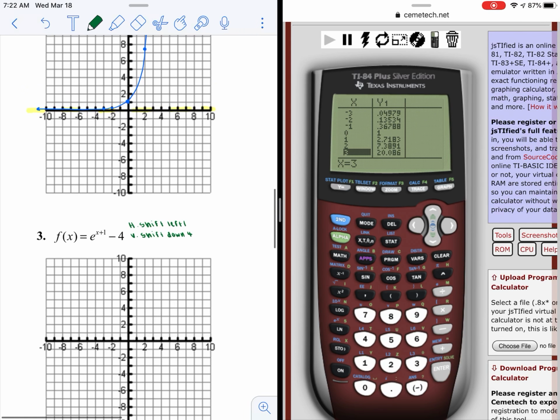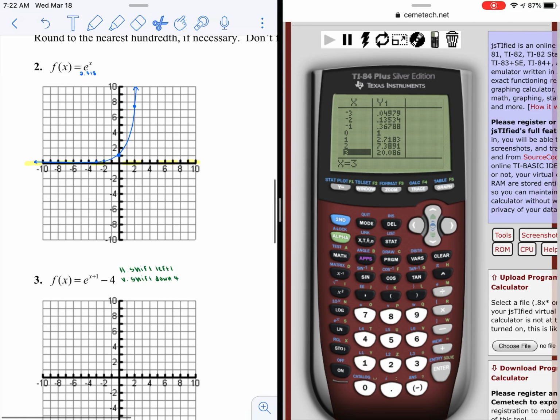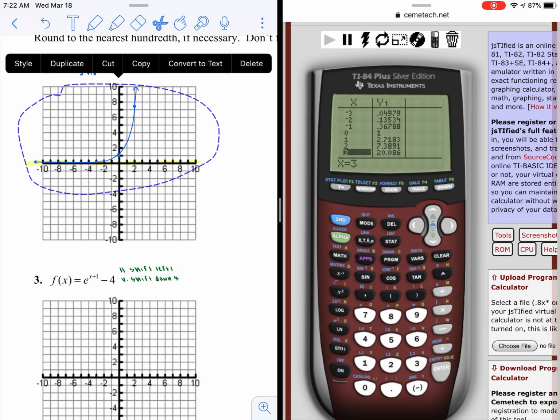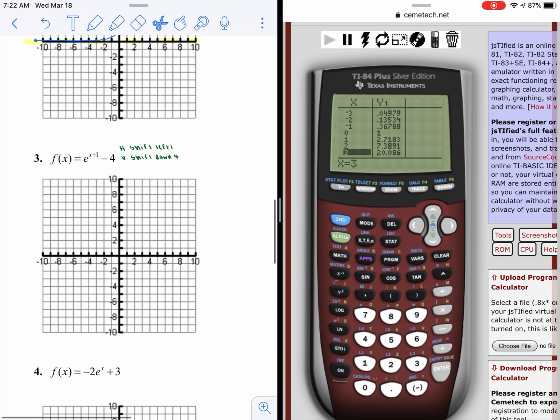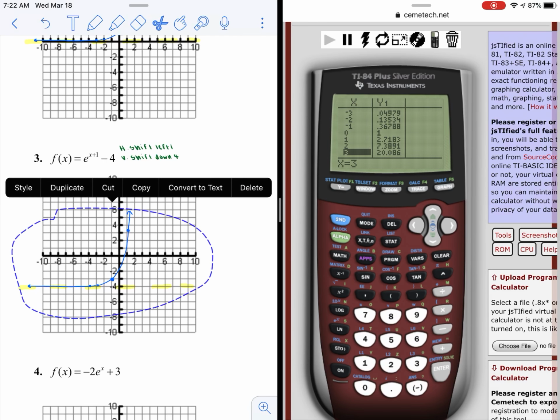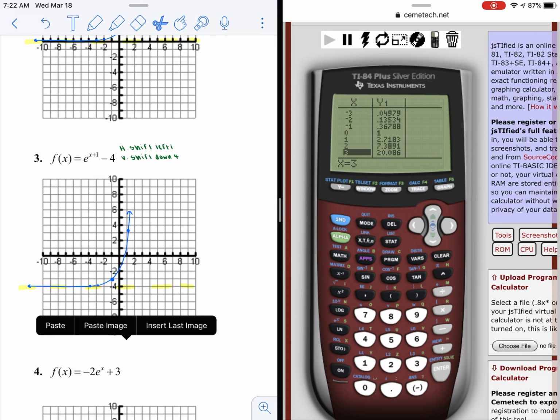So technically, if you want to copy and paste the graph from above and move everything to the left 1, down 4, you can. I will do that, but I also want to show you this in the calculator as well. So if I paste this, this is where we would be with the parent function. Note that if I go to the left 1 and then down 1, 2, 3, 4, this is where my graph would end.